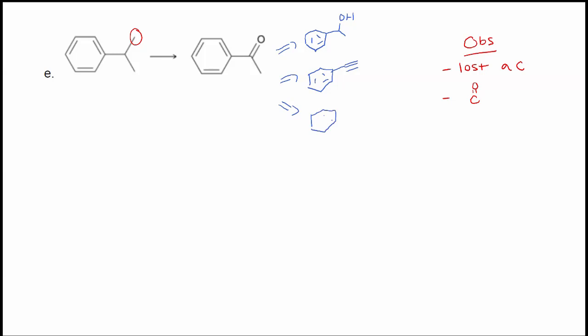Or you can do it this way. So if you had an alcohol, you could oxidize it. If you had an alkyne, you could do the HgSO4. And then for this particular one here, you could do ozonolysis. So which route do you think would be the most efficient route?